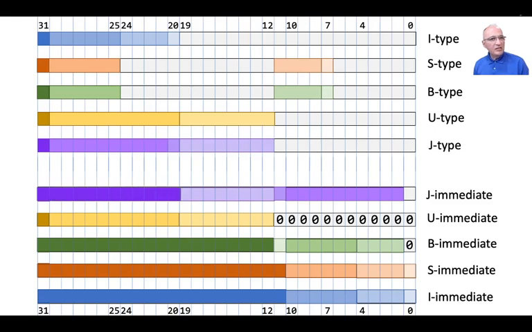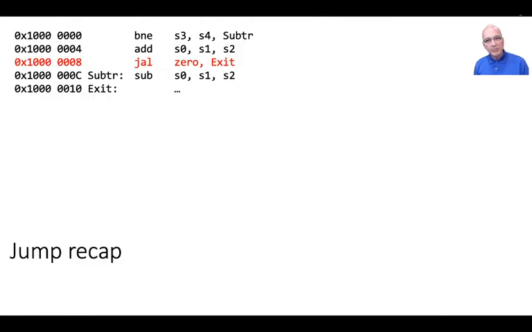Then the value is sign extended, and I add the implicit 0 to the immediate value. So I hope that this animation helps you get a sense that what appears to be a fairly complex way to specify the immediate value was done very carefully by the designers of RISC-V in order to facilitate the generation of the immediate value by the hardware.